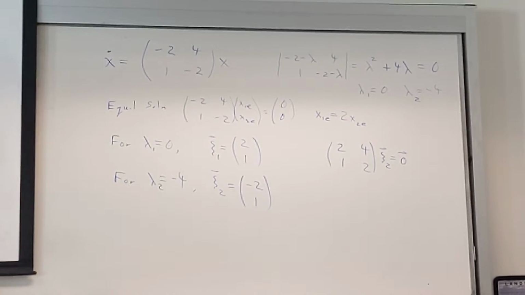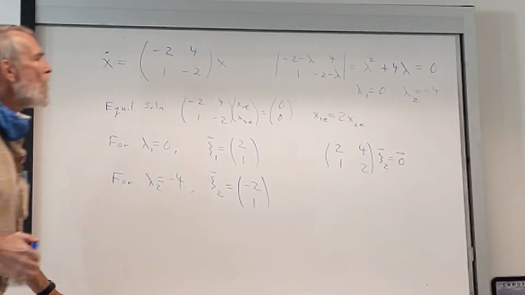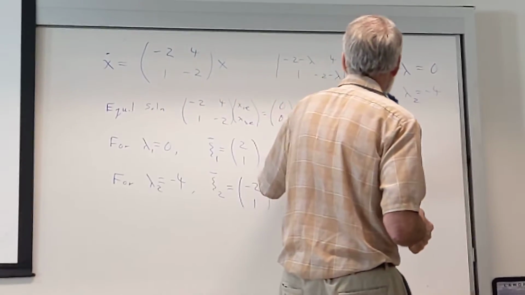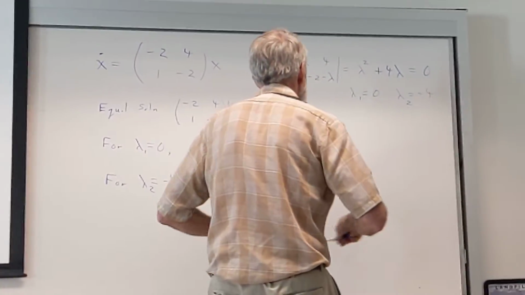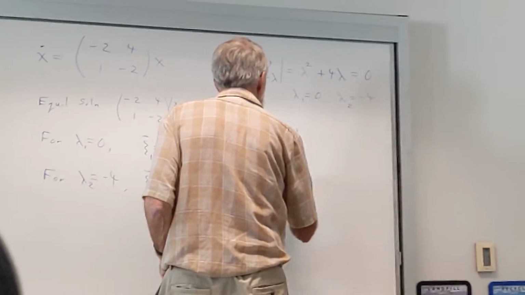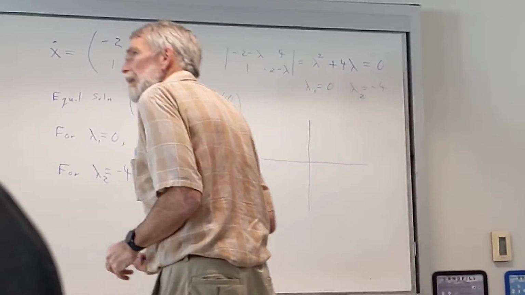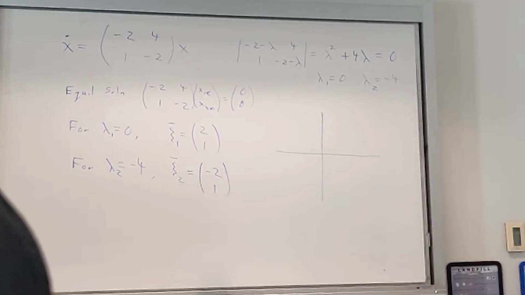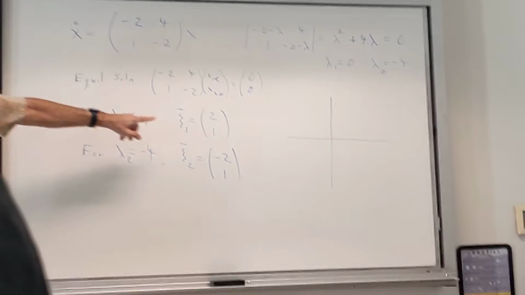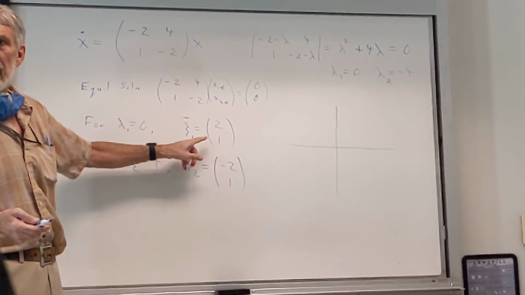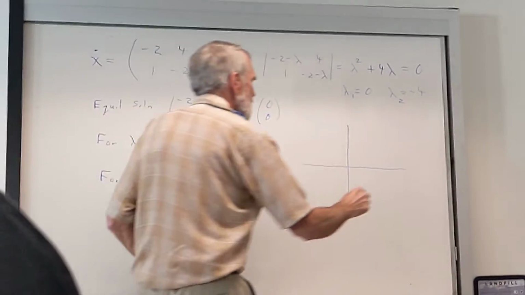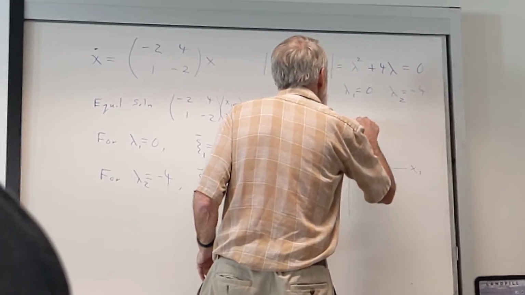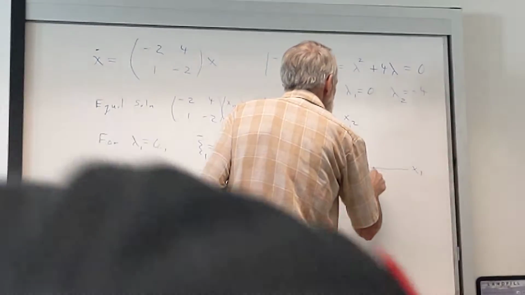All right, now let's draw these particular pictures here. Okay, so let's draw this eigenvector here. How am I going to draw that? 2 in the x1 direction. Let me go ahead and draw the axes again. Going to go out 2 here, 1 here.